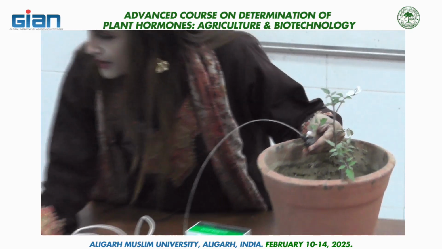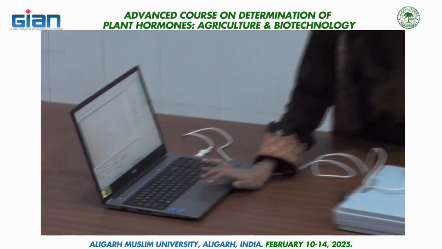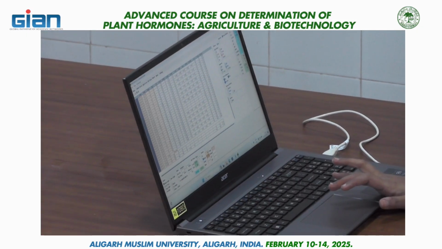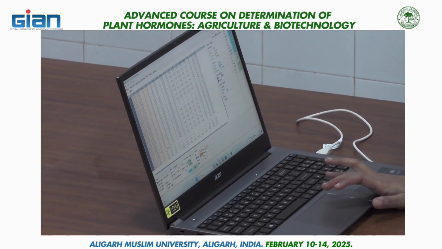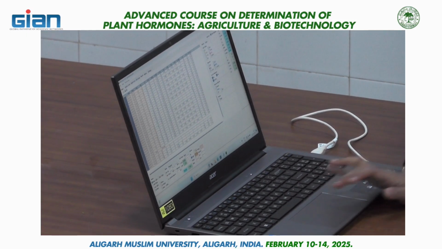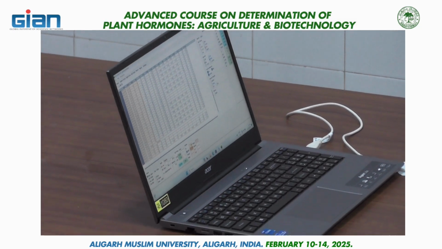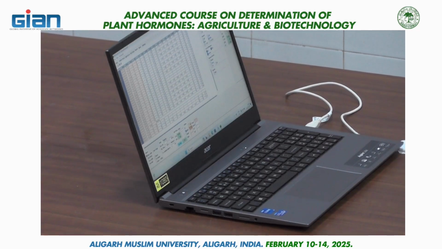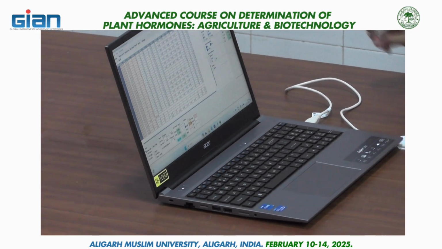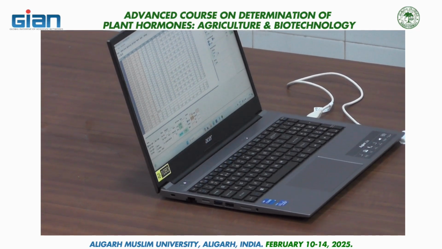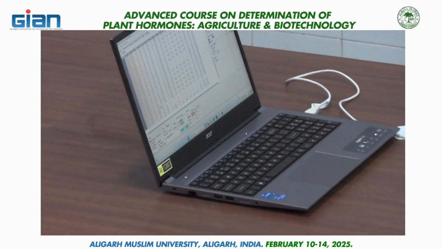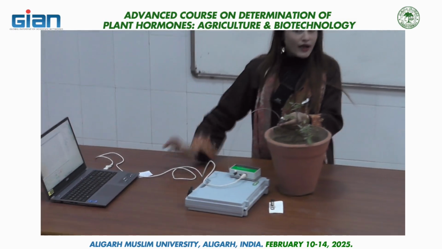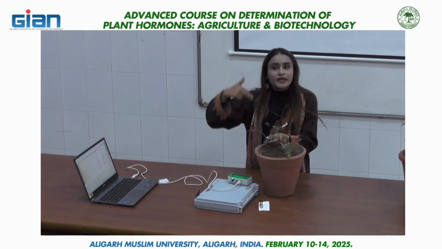Now again the same procedure, we click on set, and again here we are getting a reading of 0.211. So this means in control plants our Fv by Fm is 0.375, while in stressed condition it changed to 0.214. So Fv by Fm values are declining.